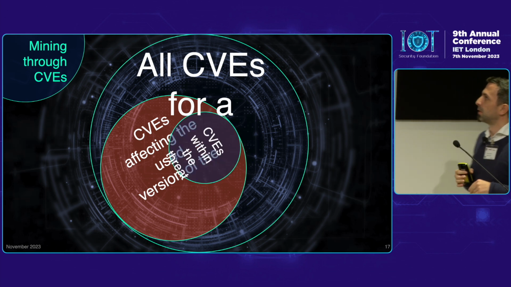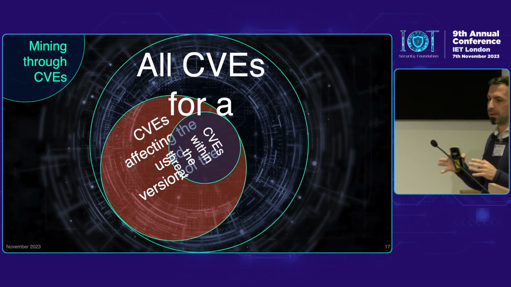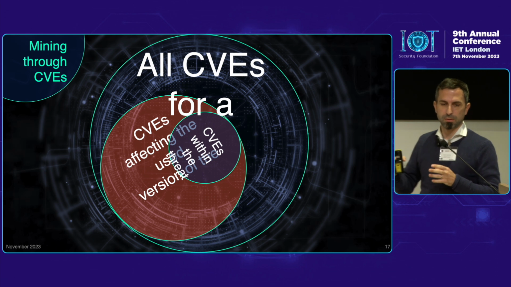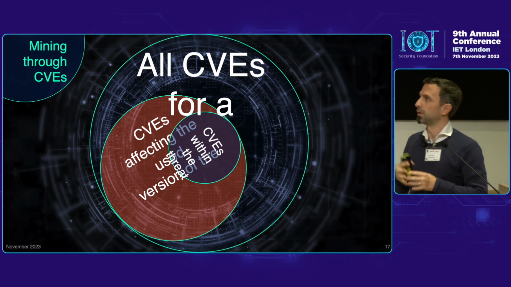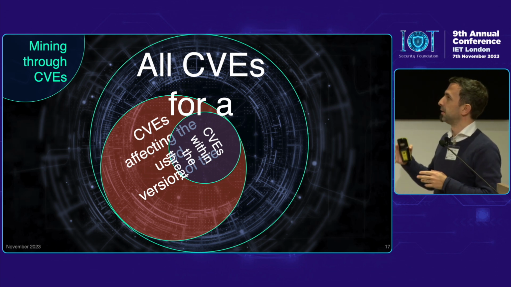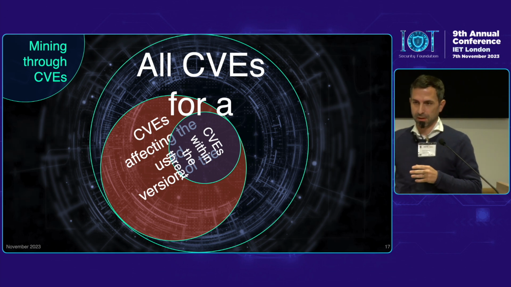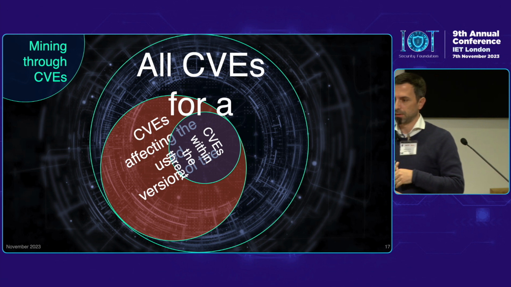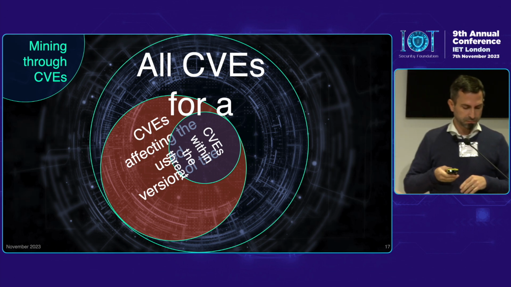But then it would also be interesting if the vulnerabilities lie within my threat model. So if they have a certain criticality, if they pose a high risk in the way that I'm using the software component, or the way I'm using the device.